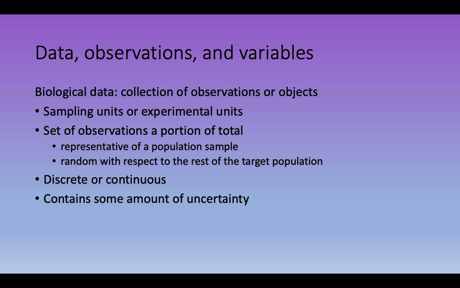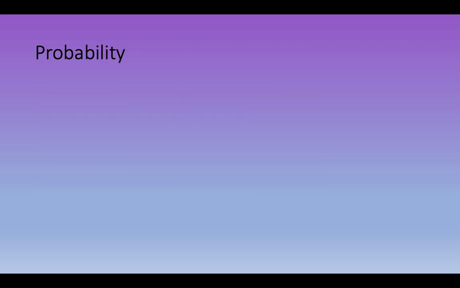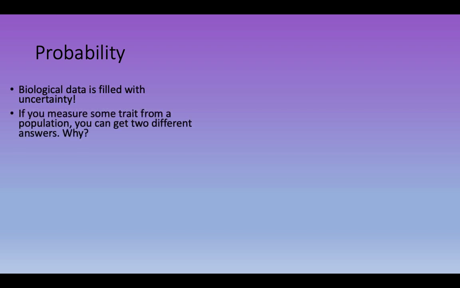It puts things in a mathematical, empirical context that we can use to make quantitative, defensible arguments. Whether we're doing inductive, deductive, or abductive reasoning, it helps us to place it in this framework. So probability is going to be really important to us because biological data is filled with uncertainty.